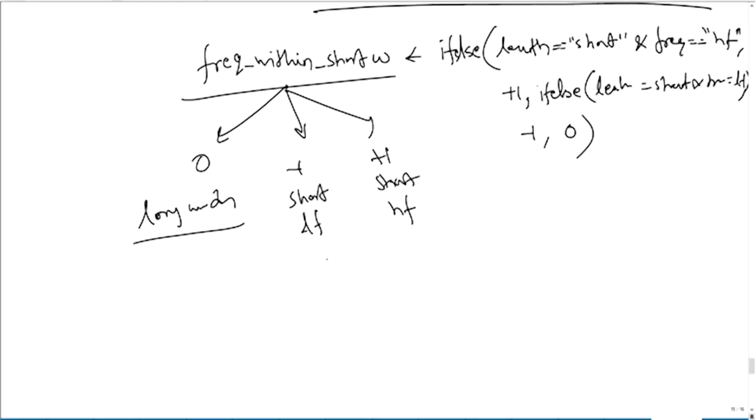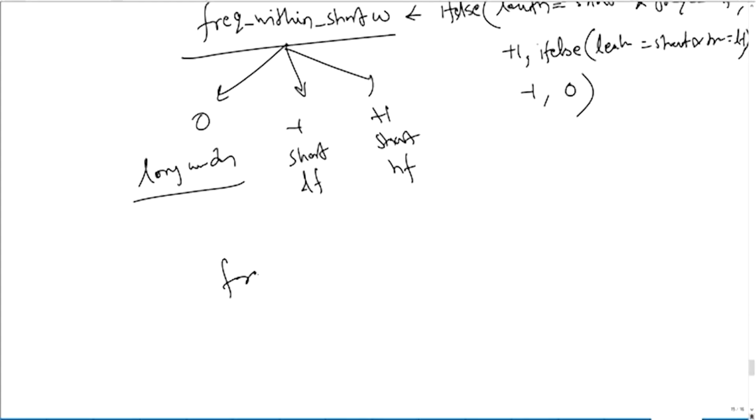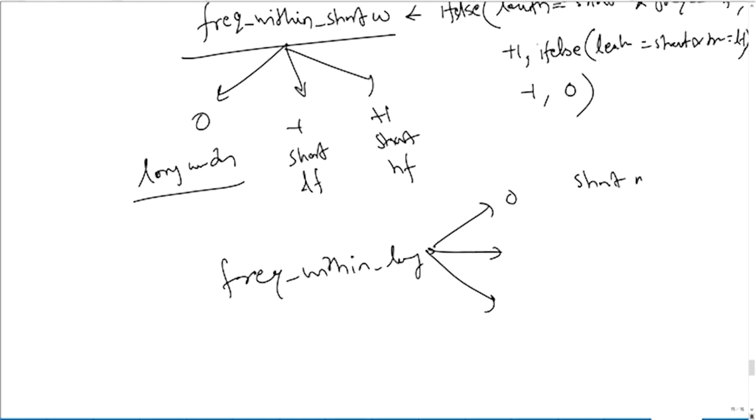Similarly, I will set up another predictor, frequency within long, which will have values like this: 0 for short words, -1 for long low frequency words, and +1 for long high frequency words.